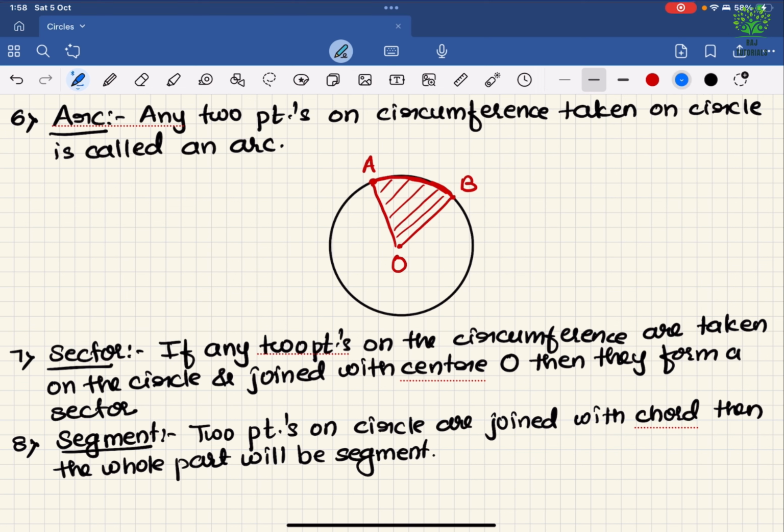Now here if I want to show a segment, I can say if this is C point and this is D point, and if I join this with a chord, that is straight line, and this whole part will be my segment.